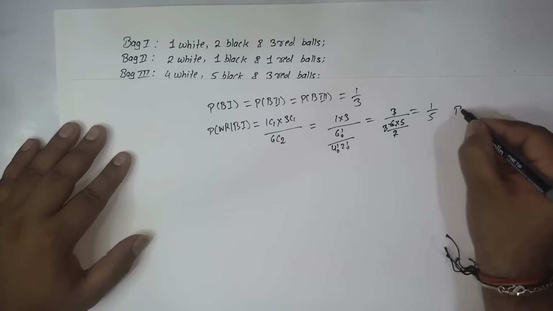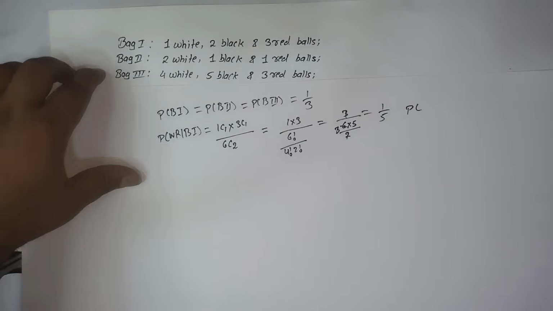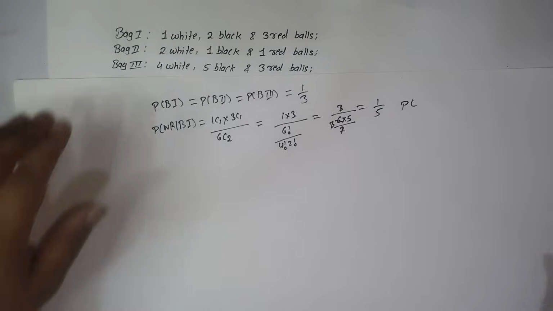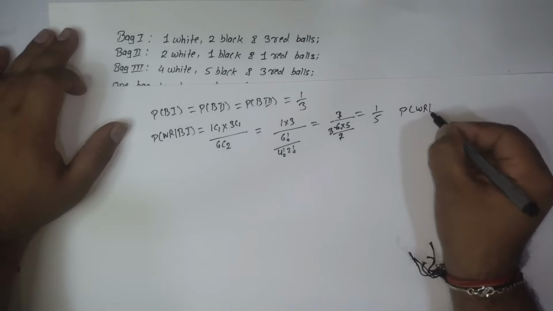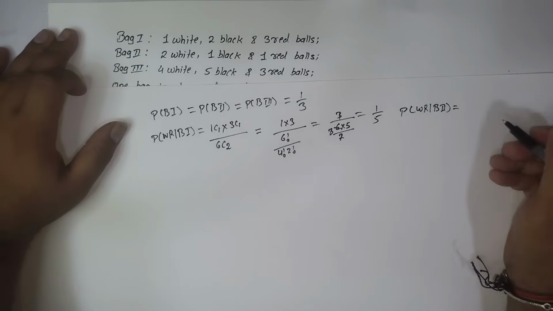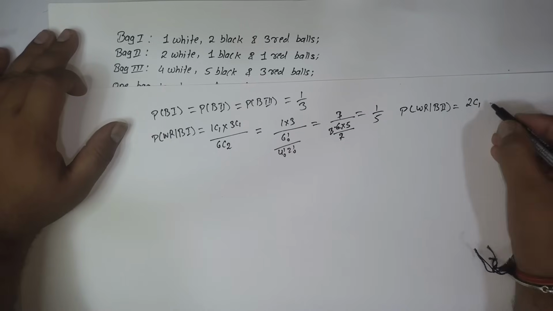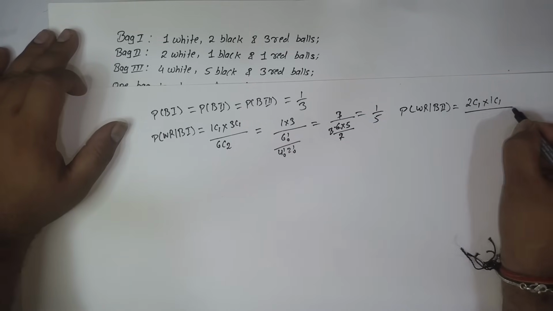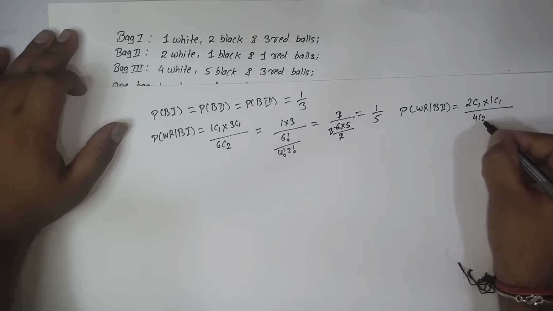Now let's try to calculate the probability of white and red under bag 2. So as we have to select one ball out of 2, it will be 2C1 into 1C1 divided by 2 plus 3 plus 4, 4C2.